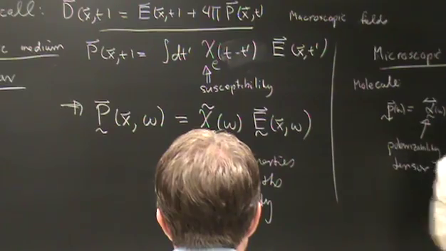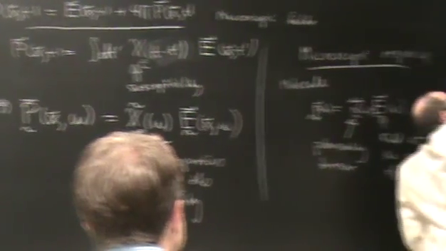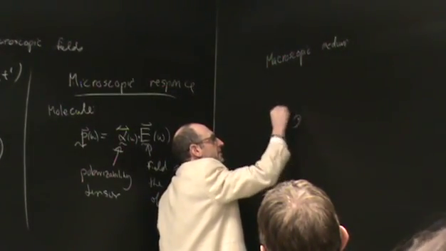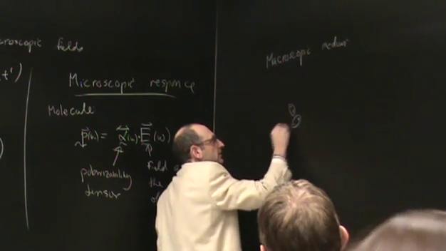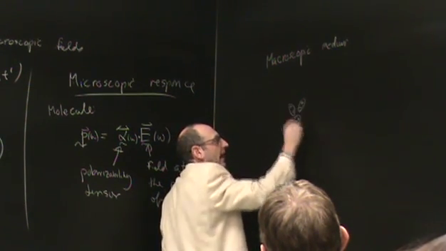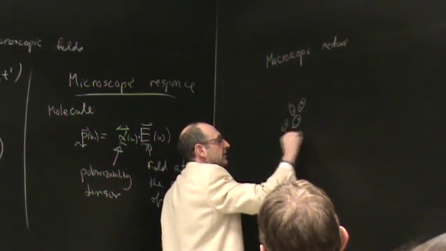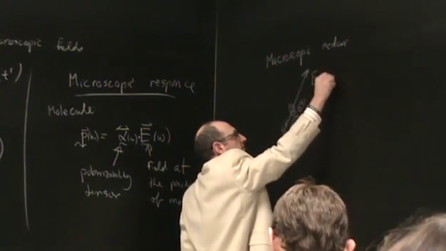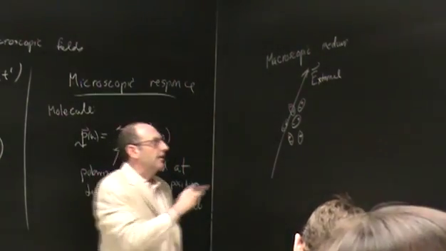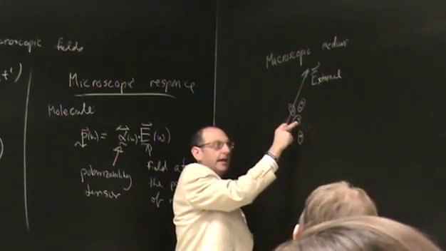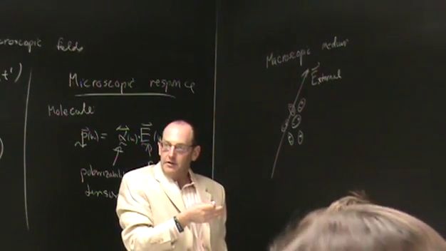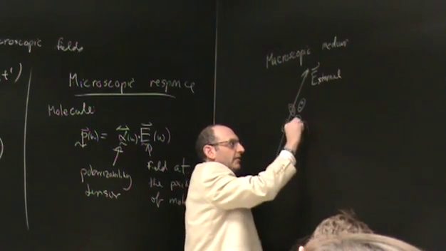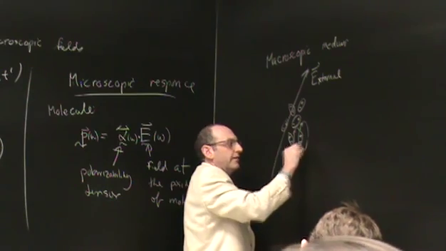If I have a macroscopic medium, with a whole bunch of dipoles that are being polarized in the presence of some external field, then the field that is present here is not just the external field, but the field due to all these other dipoles near it, which are creating their own little dipole fields.